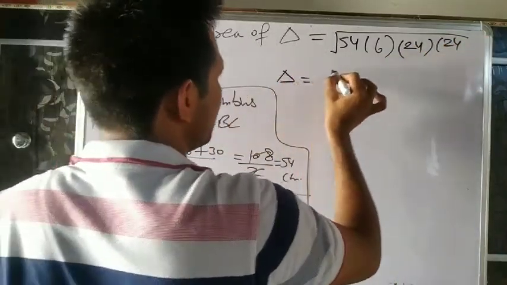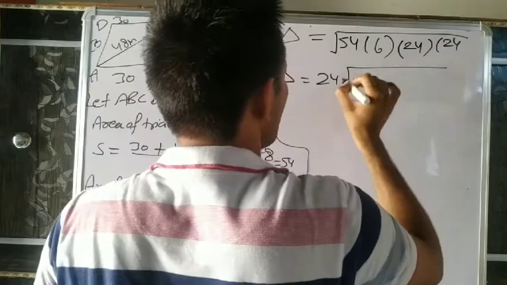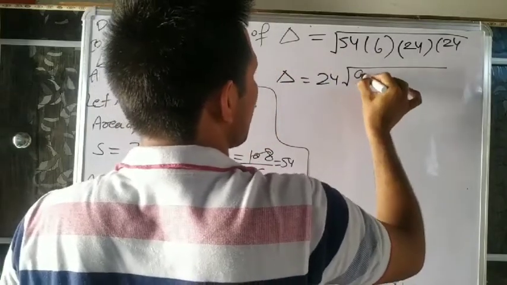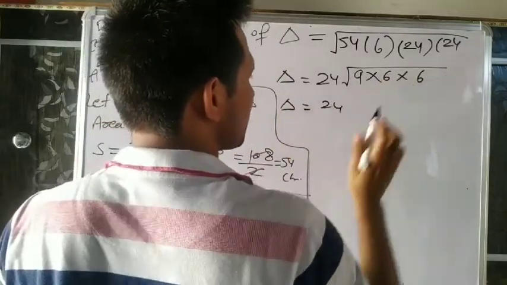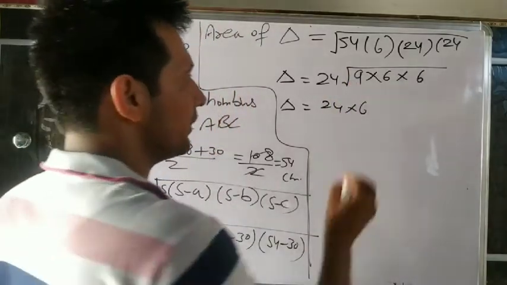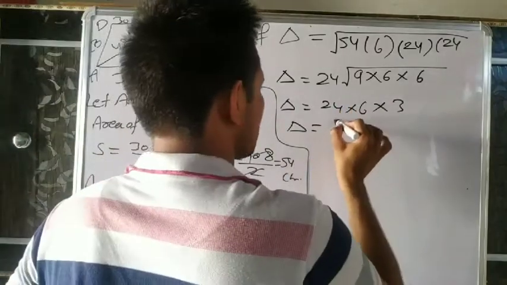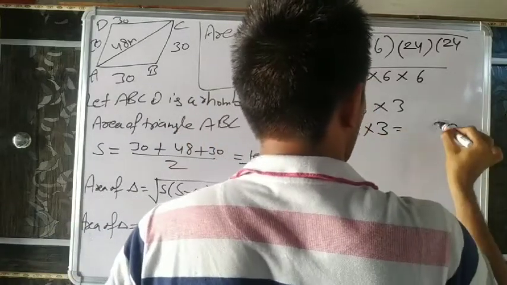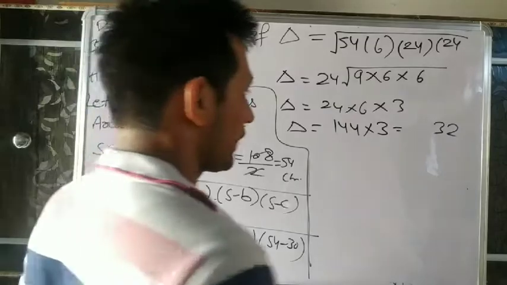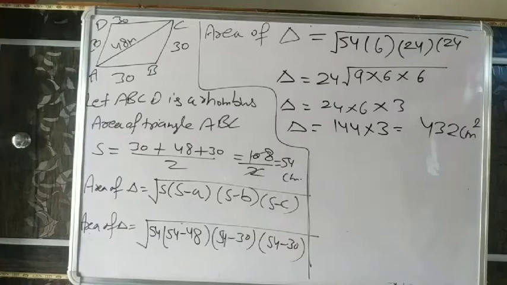So 24 into 24 in a pair, 24 comes outside. What remains? 6 into 54, we can write 54 as 9 into 6, so 6 into 6, and the square root of 9 is 3. So 24 into 6 into 3 is 432 centimeter square. So the area of one triangle ABC is 432.